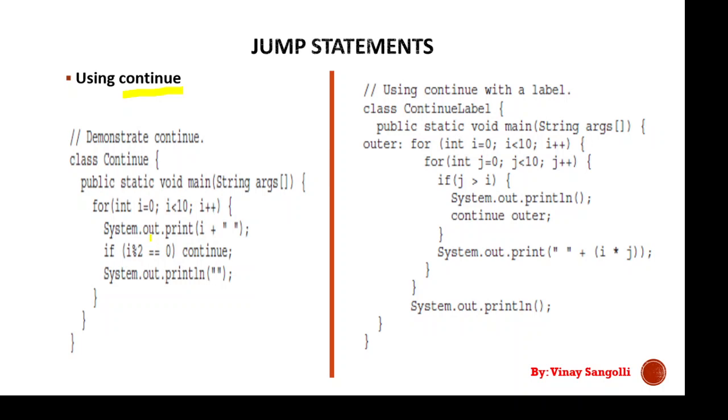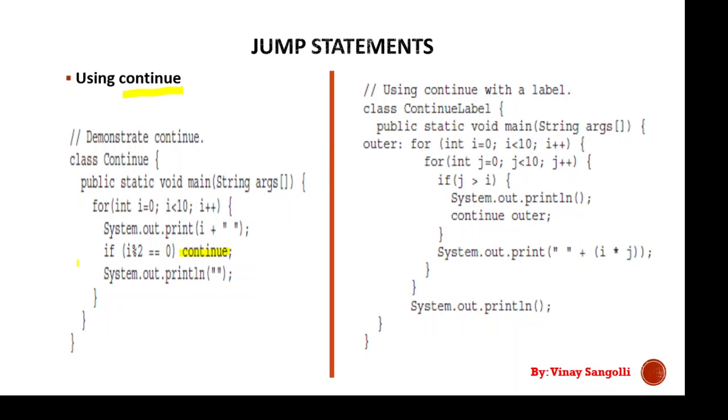It means that you will be running the loop but stopping the processing of the remainder of the code in its body. If I use a continue here, it means that it will run the loop but it will not execute the remaining part of the particular iteration.